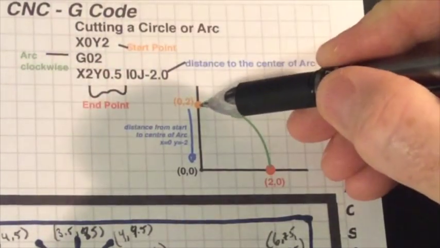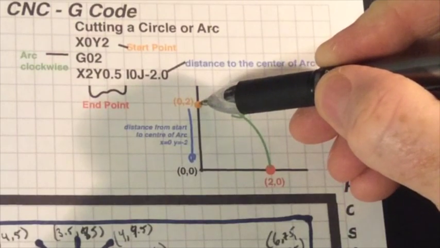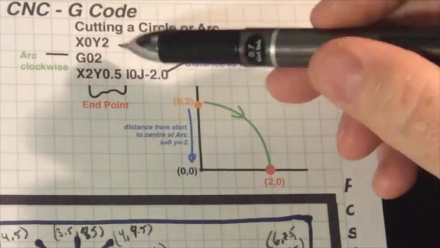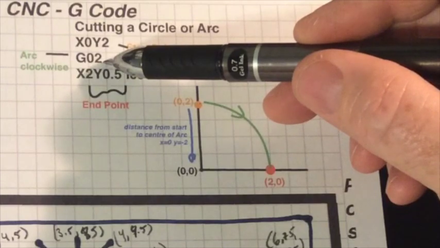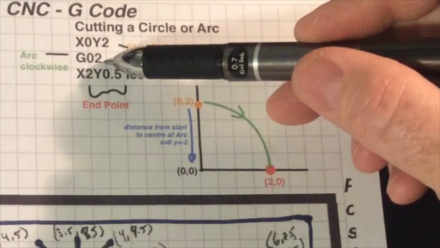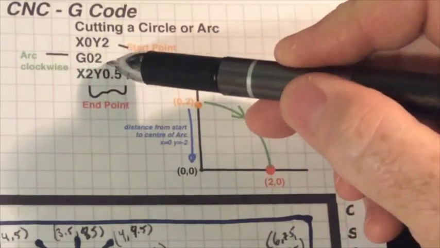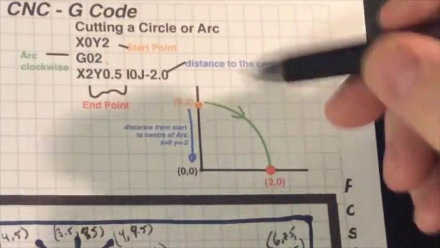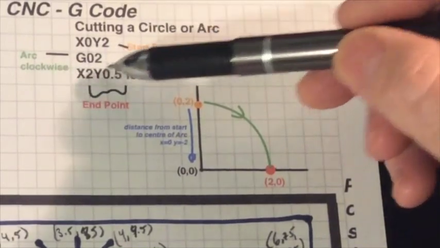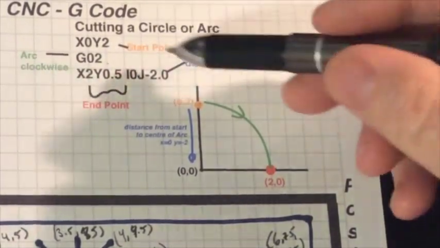So in this case, I want to get to that point, 0, 2. And then I tell it whether I'm going to go clockwise or counterclockwise. In this case, I'm going to go clockwise. So I say G02, and then I tell it what the endpoint is, so x2, y0.5. But then here's the weird one.